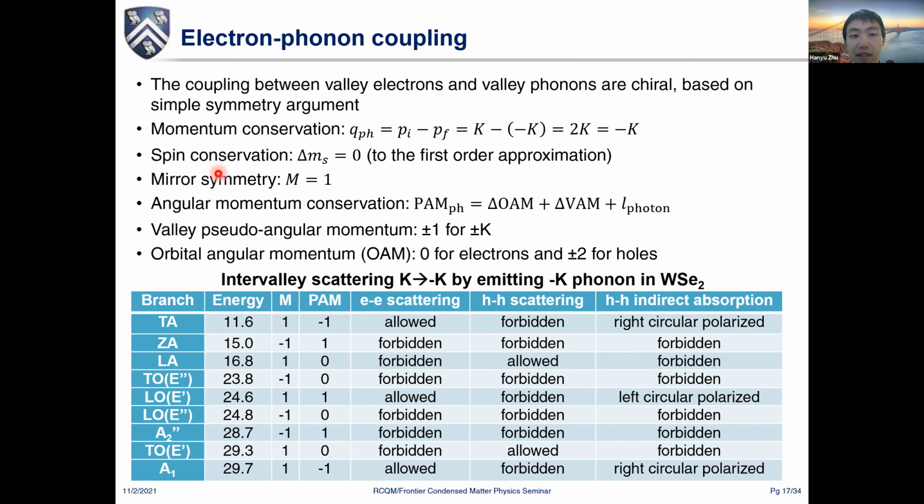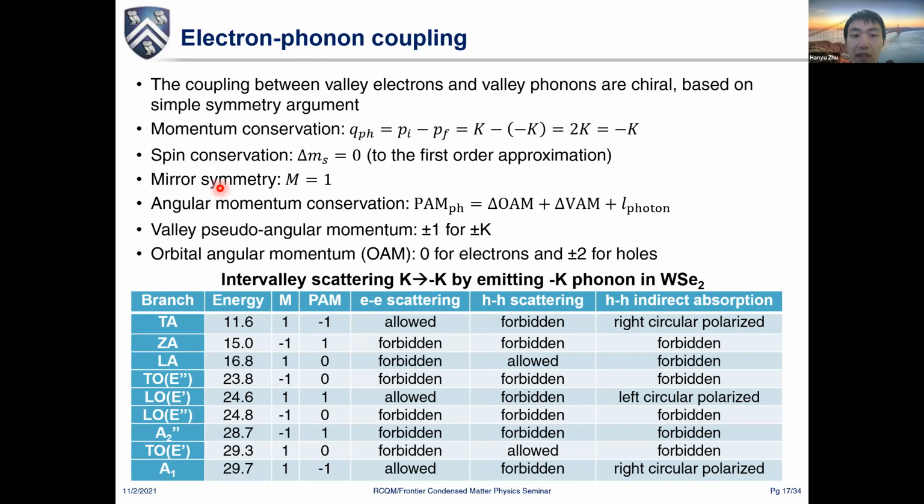And the second is that the spin must conserve. To the first order approximation, and we will discuss when this will be invalid later, spin is conserved. So the phonons can only carry electrons between the same electron levels with the same spin.